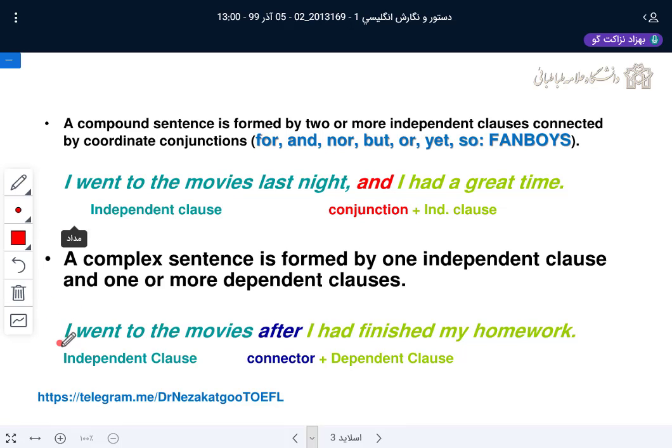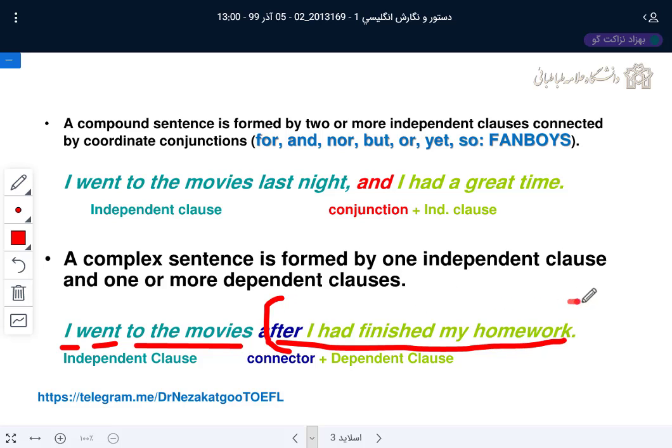We have the subject, we have the verb, we have the first complement, we have the second complement. So as you see, the second complement functions as an adverb.